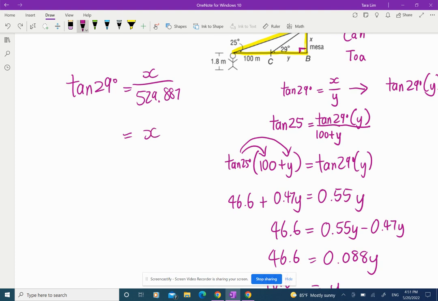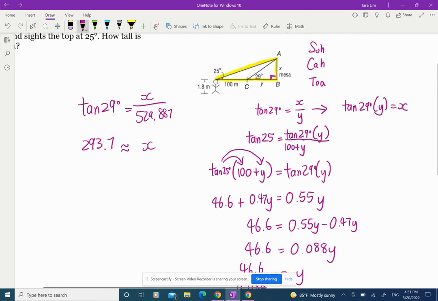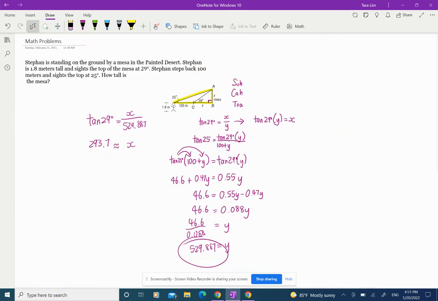So tan 29 degrees times 529.887. Again, I want to put the exact number on my calculator for accuracy. And on my calculator, it says 293.7, approximately. So I'm not going to write an equals sign, instead I'm going to write this, because this means approximately. And so yes, this is how I find x.